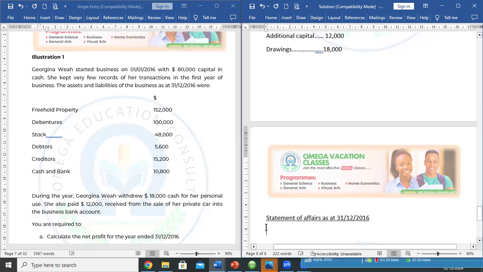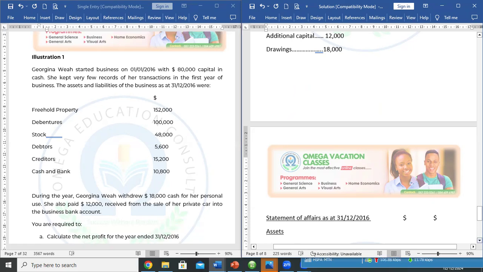So what do we do? We bring in the assets on this date and we less the liabilities on that same date. So dear professors, can we get the assets on this 31st December 2016? I think it's visible here, right?